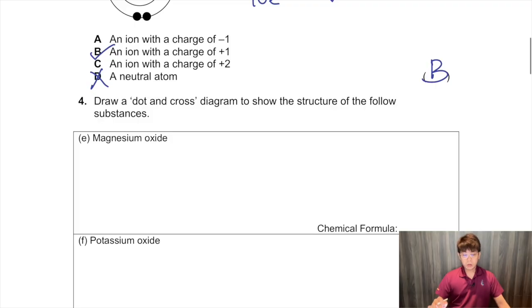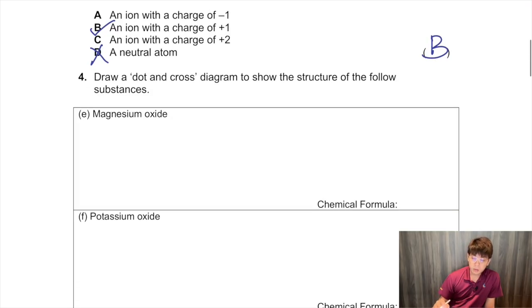Question number 4. Draw the dot and cross diagram to show the structures of the following substances. Now you need to refer to your periodic table very often. First one, magnesium, group 2, oxide, group 16 for oxygen. I know these are all ionic, so this is a metal and this is a non-metal.